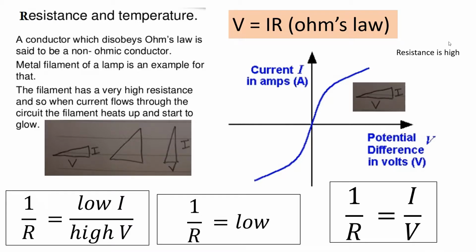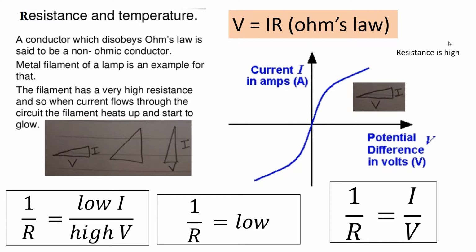So the filament has a high resistance when you increase current because it starts to heat up and it starts to glow. So this is what the IV characteristic of a filament lamp looks like. So again, if you look at 1 over R, because this is the gradient, as you increase V, the current will increase, but at a very small amount.